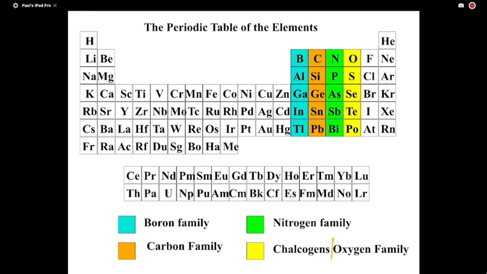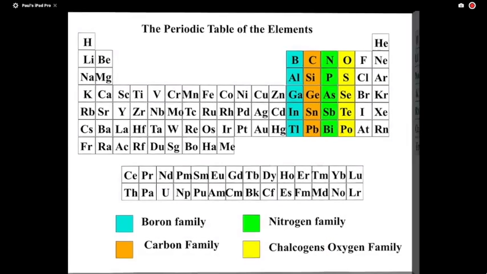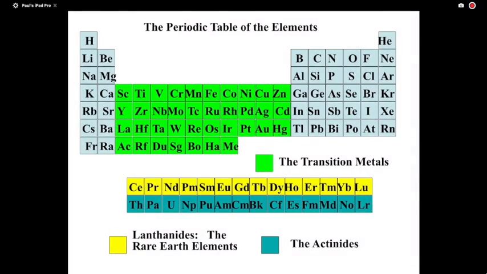Then there are not groups that go up and down, but blocks that we need to know. The middle are called the transition metals. If there were teenagers on the periodic table, right there, they don't want to behave and follow the rules. They're a group that are very important to us that include iron and cobalt and nickel and copper and silver and gold.